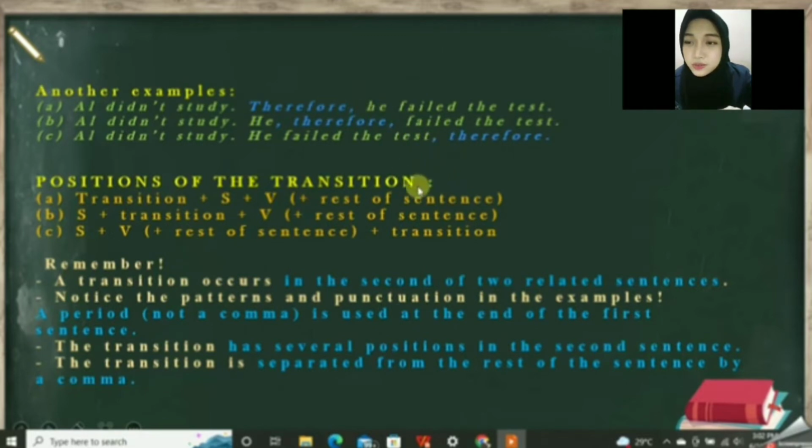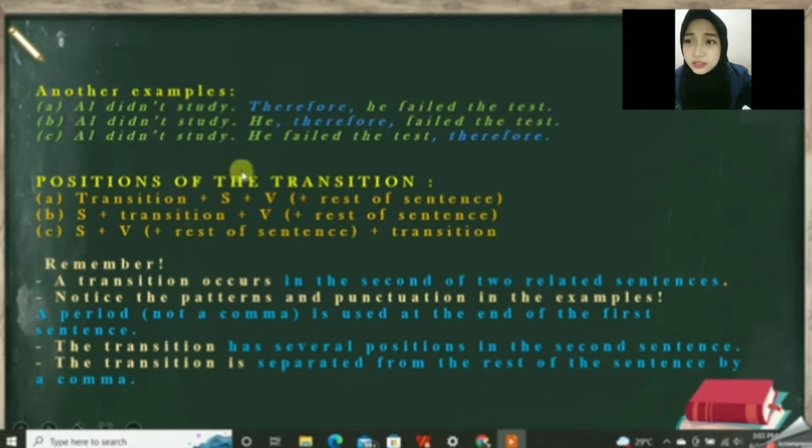So in the first one, the structure is the transition, therefore, and then the subject he, and then the verb failed, and then the rest of the sentence, the test. Meanwhile, in the second one, the structure is the subject he, and then the transition, therefore, and then the verb, and then the rest of the sentence.